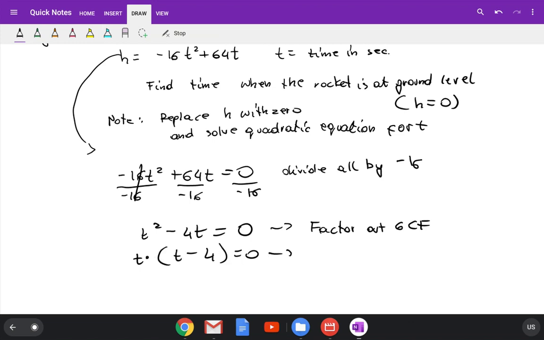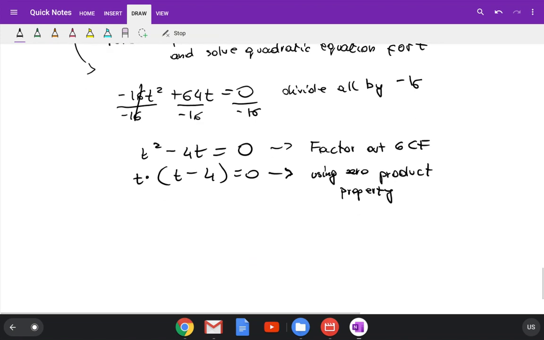And now solve it using the zero product property. You take each factor and make it equal 0. And we're getting t equals 4 and t equals 0.